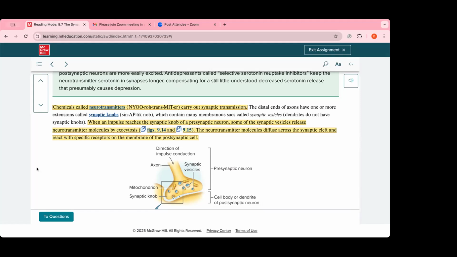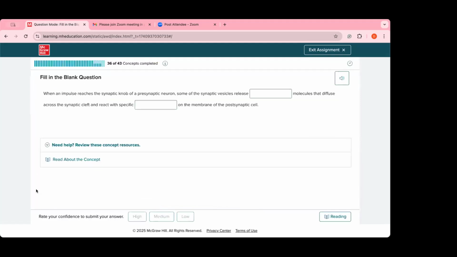Okay, so neurotransmitter molecules, okay, so let's go to the question. Neurotransmitter molecules is the first one. That diffuse across the synaptic cleft and react with specific.